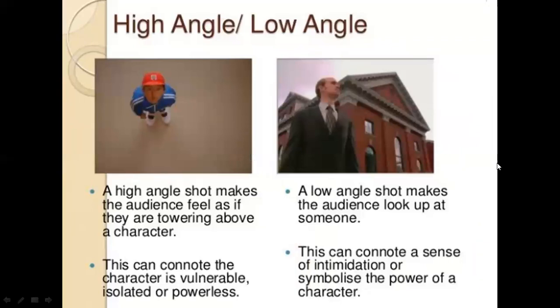In the next slide, we have two kinds of angles, that is high angle and low angle. The high angle is a cinematic technique where the camera looks down on the subject from a high angle and the point of focus often gets swallowed up.